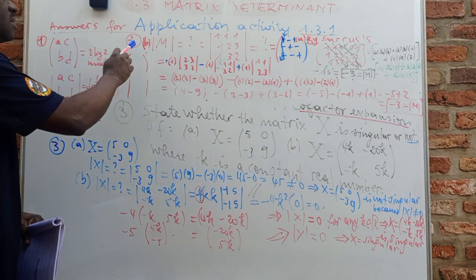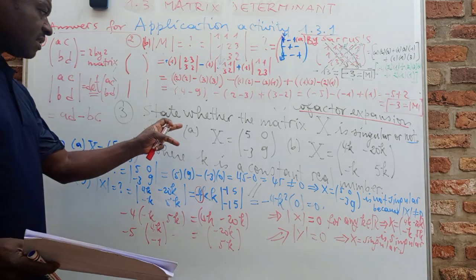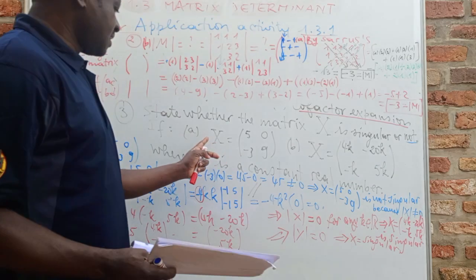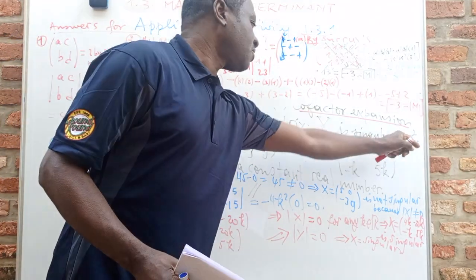So that was number two. Number three was to state whether the given matrices here, A and B, are singular or not singular.